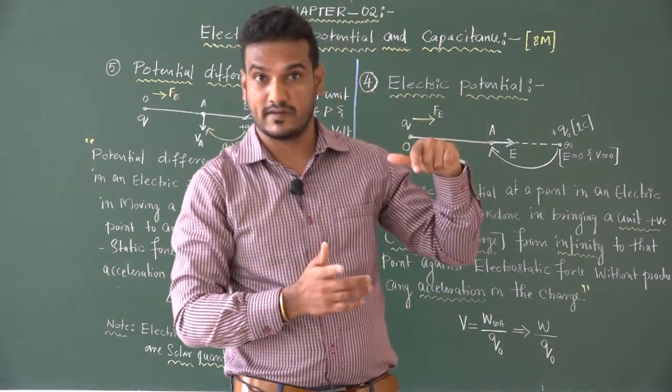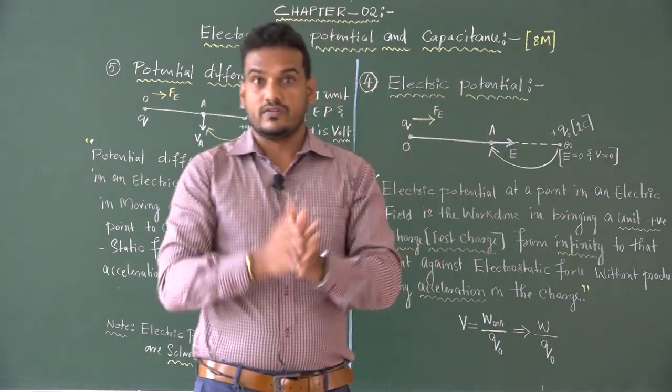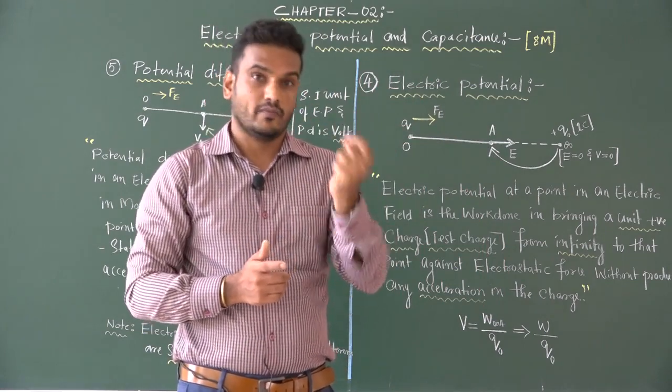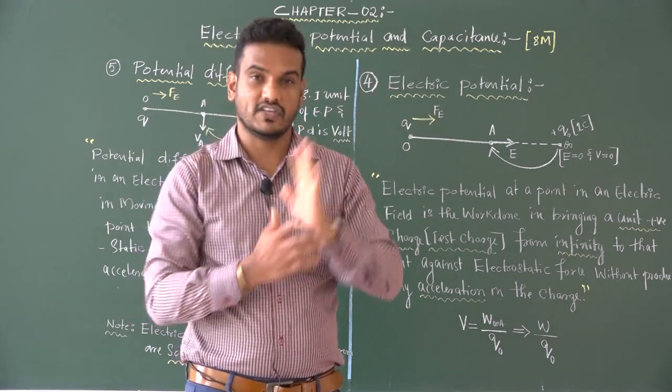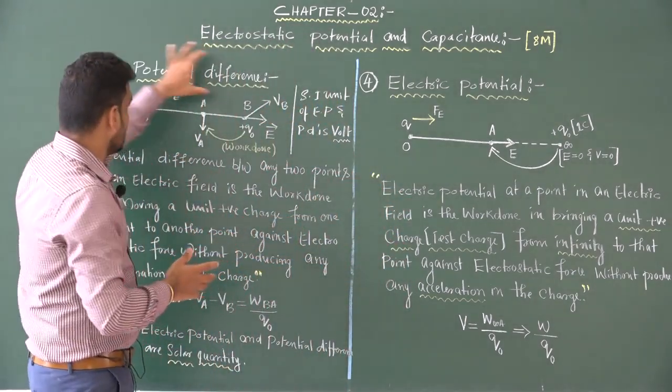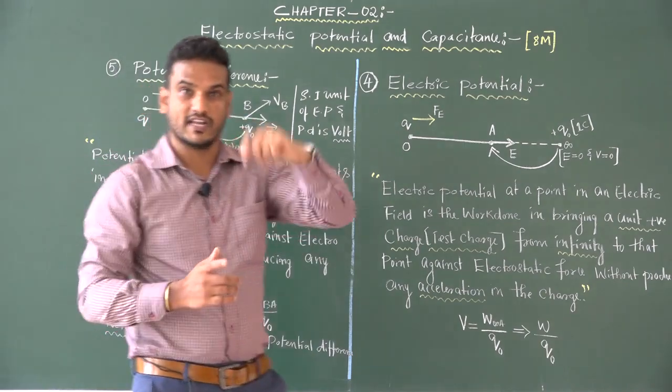In the previous explanation, I told you that at the point of infinity, electric field and electric potential are taken as 0. And there is a lot of difference between potential difference and potential energy difference.